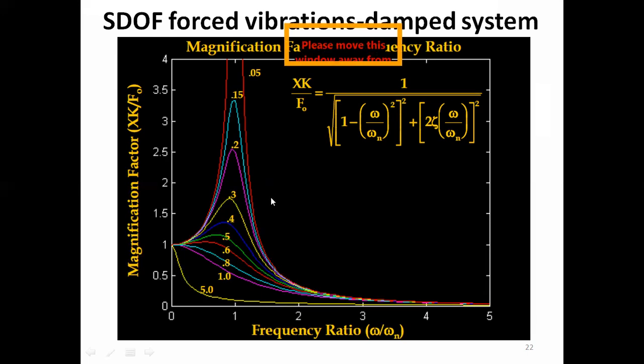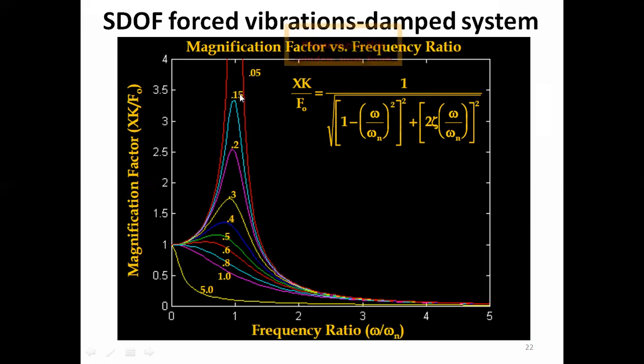So what is the physical interpretation? If you look here, if the damping ratio is less, or the damping in the system is less, we see more magnification, more amplitude of the steady state response.